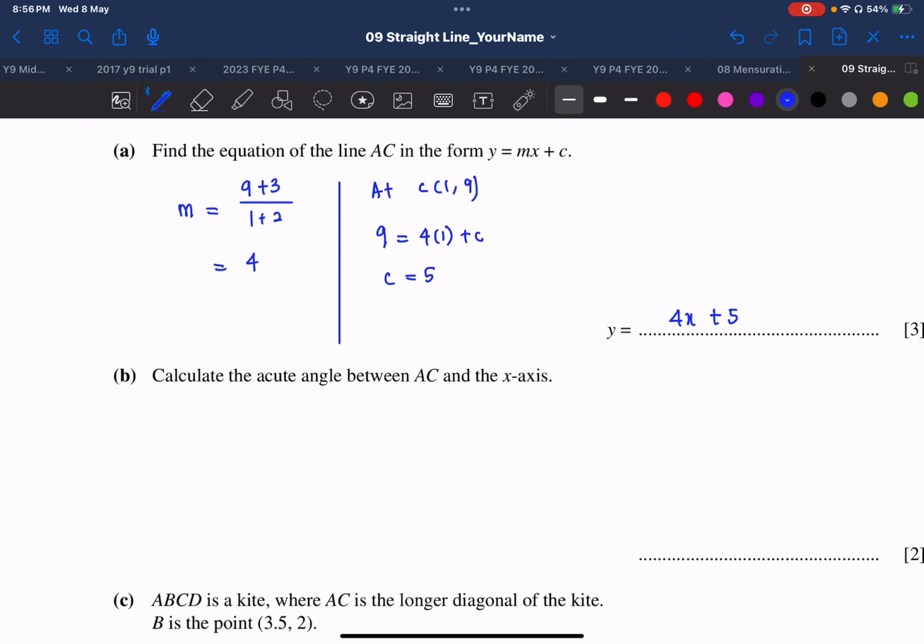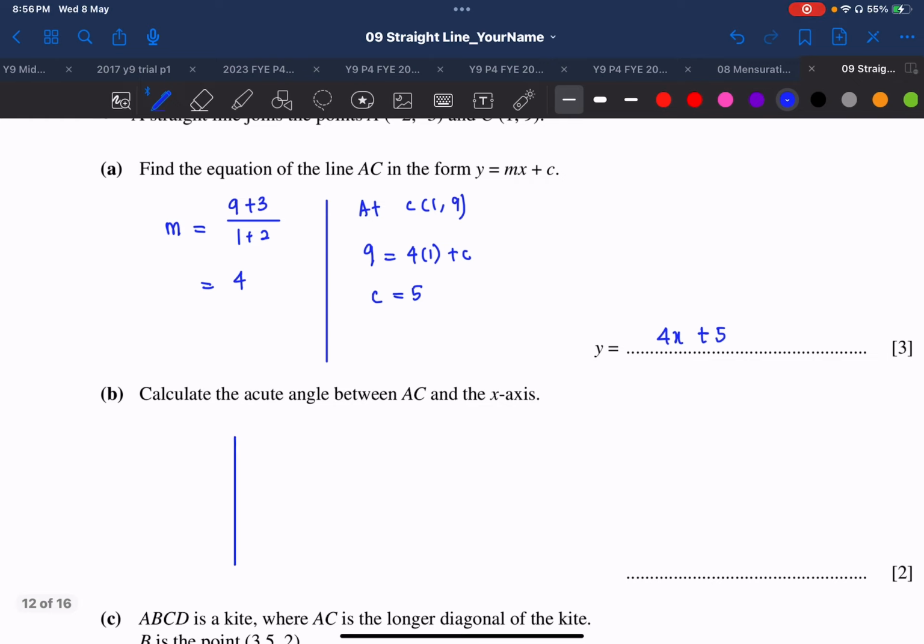So I need to point, find the coordinates. Alright, okay. So since I know the line AC is going up, and I know it passes through 5, I wanted to find this value of the x.